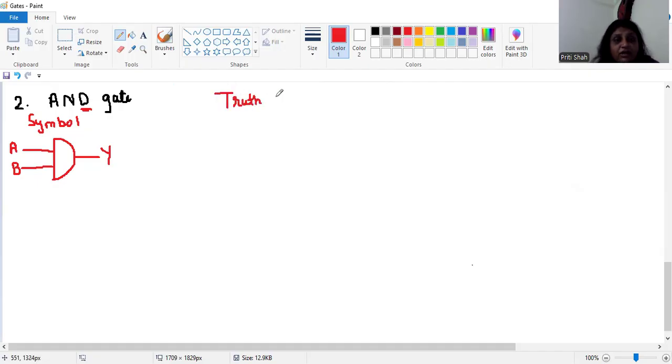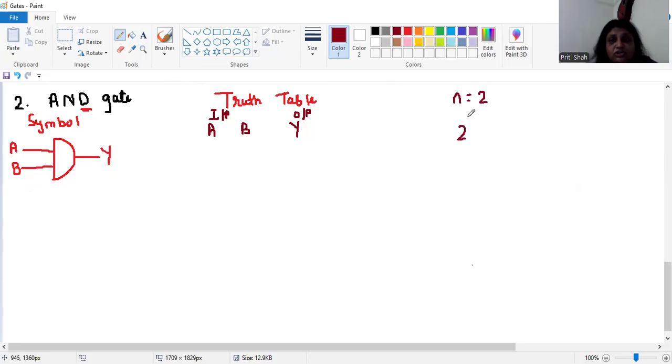We will find out what all combinations of input I can give to this and find the corresponding output. So let's write it down quickly. A, B, and Y. A and B are the inputs, Y is the output. Now, as we have discussed earlier, we know that N is equal to 2.